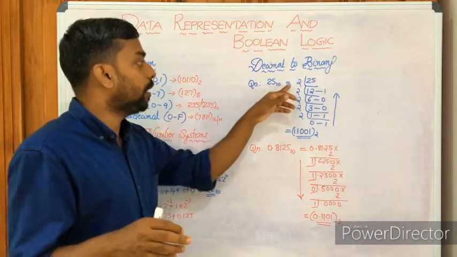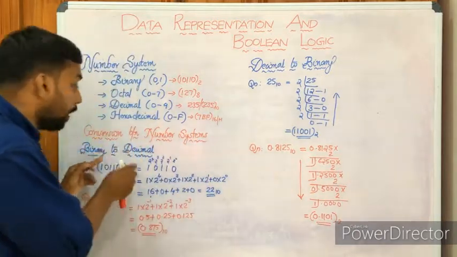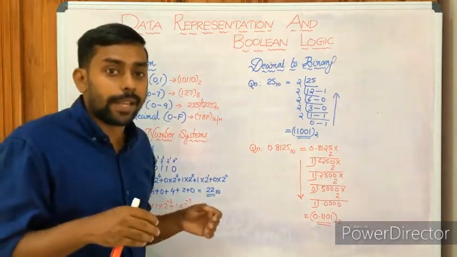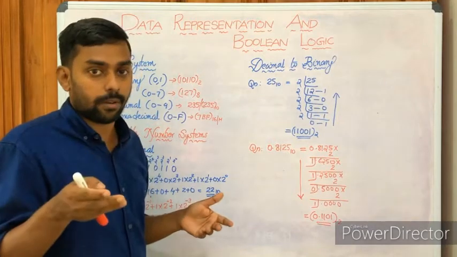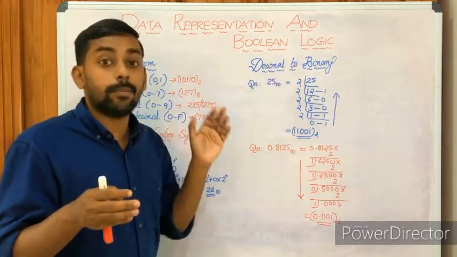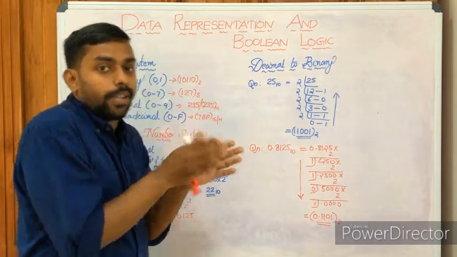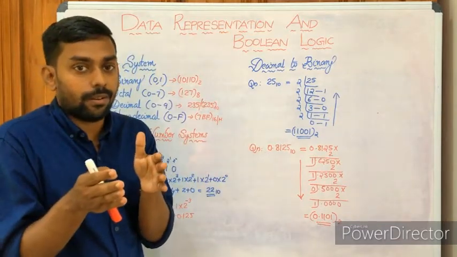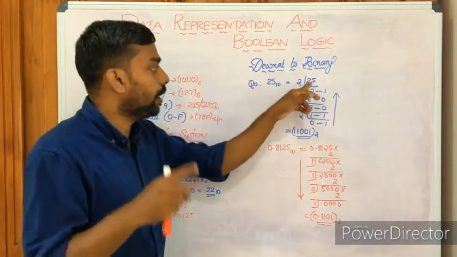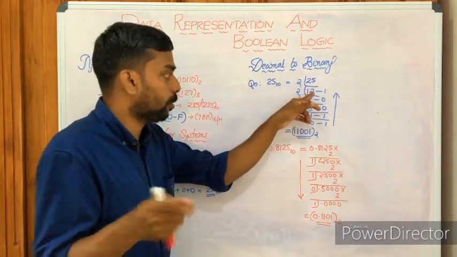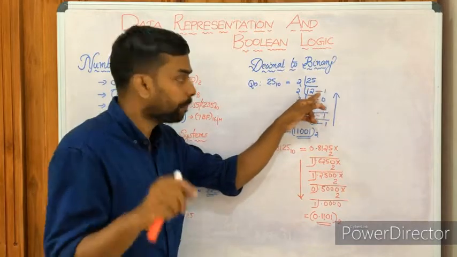In binary to decimal we followed multiplication in terms of 2 raised to the power, but in decimal to binary we are following division. The first one is multiplication and the second is division. So we divide 25 by 2 and get 12, remainder 1. Then 6, remainder 0. 6 into 2 is 12. Then 3, remainder 0, 1 into 2, and the remainder is 1.